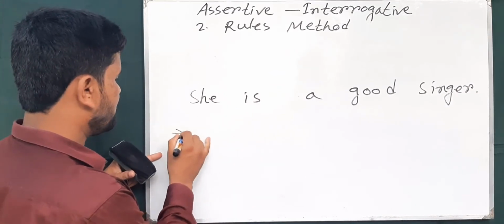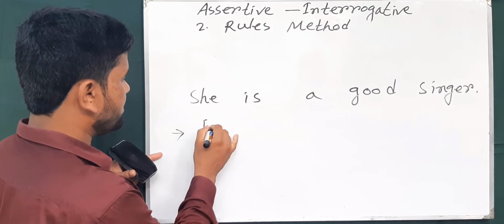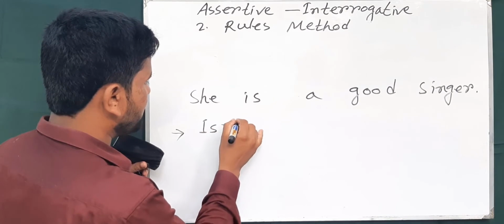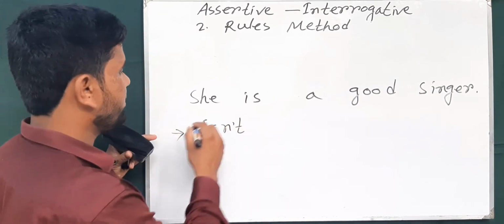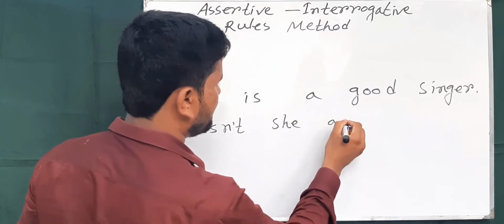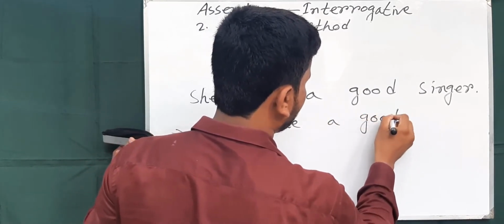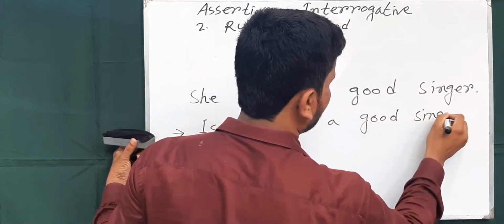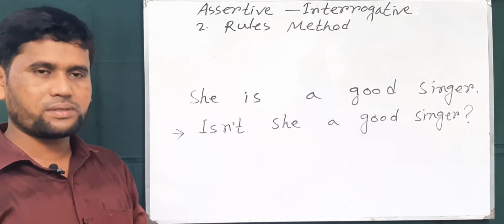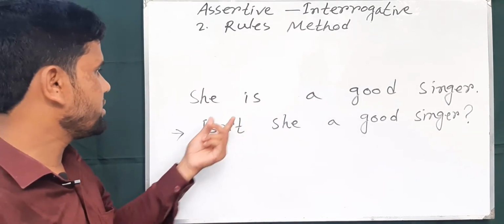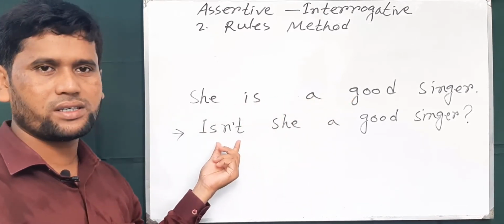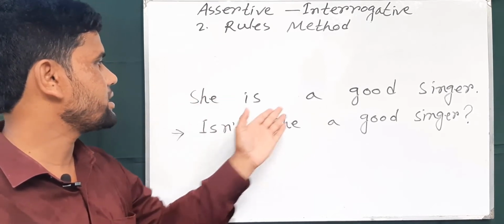So first we need to write auxiliary verb, then the sentence is affirmative, so we can use not, but in a contracted way, isn't, then subject, then other part, a good singer, and at the end we must use note of interrogation. Very simple. First I write auxiliary verb, then the sentence is affirmative, so I use not in a contracted way, then subject and other.